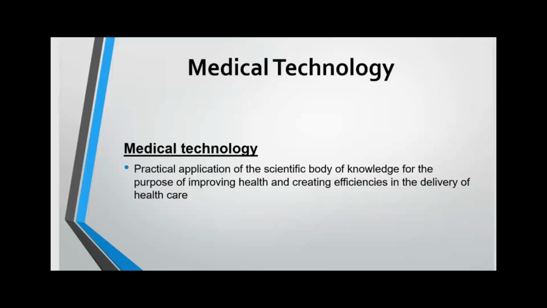So it's the practical application of the scientific body of knowledge for the purpose of improving health and creating efficiencies in the delivery of health care. So this includes the application of biomedical discoveries to provide more effective medical care, adaptation of discoveries in other scientific fields like physics, chemistry, engineering, computer science to the delivery of medical care.